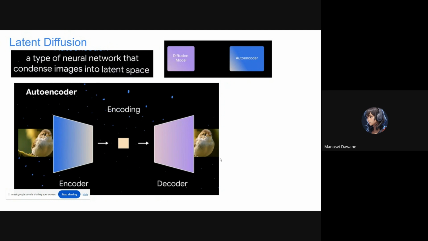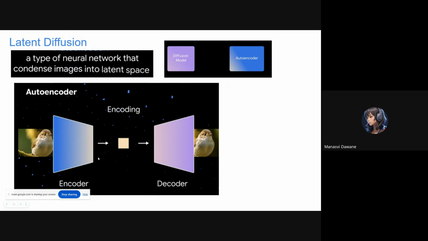Now think of the encoder as a series of layers that get smaller and smaller, compressing the image, and the decoder as layers that get bigger and bigger, reconstructing the original image. The main thing here is the encoding. It's smaller but retains all the critical information.